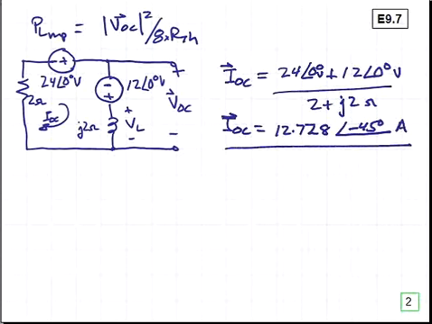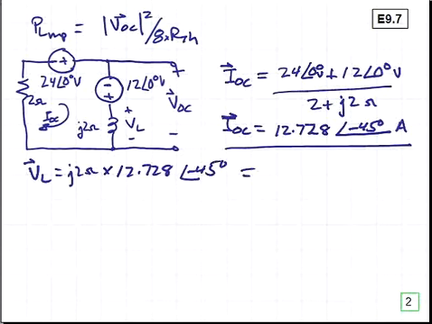Now we can calculate the voltage across the inductor V sub L is equal to j2 ohms times that I OC current, which is 12.728 at an angle of minus 45 degrees, and that is equal to 18 plus j18 volts for the voltage across the inductor.